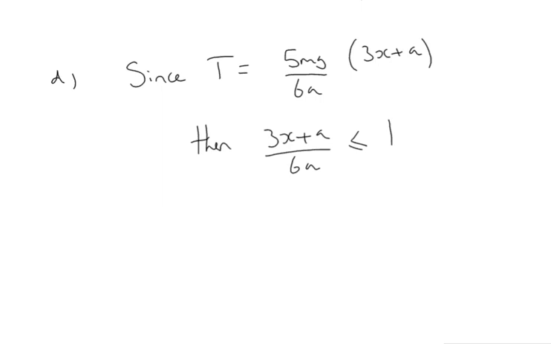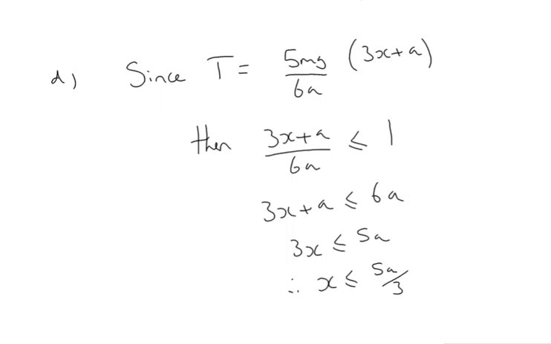So if that's less than or equal to 1, then 3x plus a must be less than or equal to 6a. So 3x must be less than or equal to 5a. Therefore, x is less than or equal to 5a over 3, which puts how we would restrict the possible position of P.